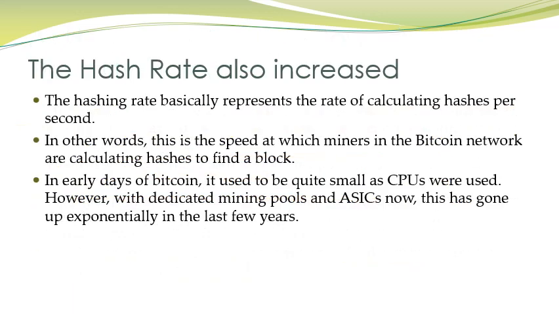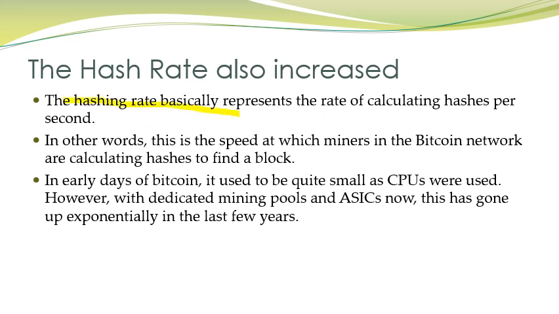So hash rate also increases. As the computers become powerful, the hash rate, the number of hashes calculated per second, also increases. The hash rate is nothing but the number of hashes calculated per second. As the computers become powerful, the time required for calculating the hash value decreases.